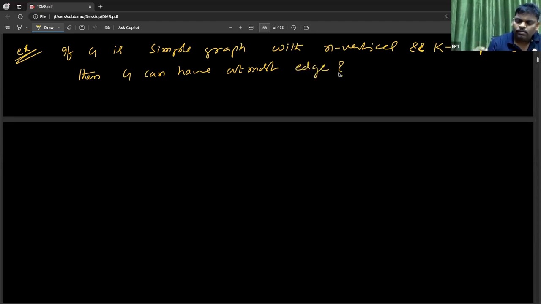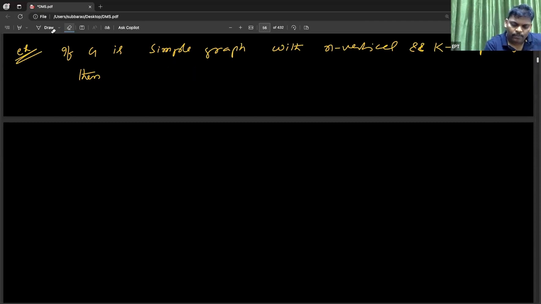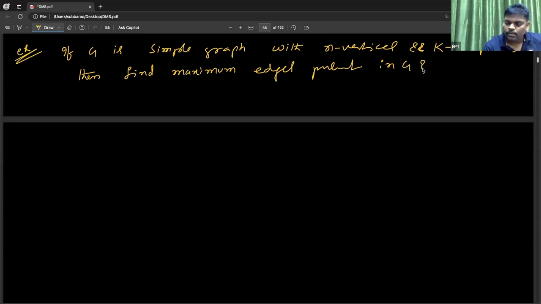Fine. Then G can have at most edges, means maximum how many edges. Then find the maximum edges present in G. Let's see how many people will.